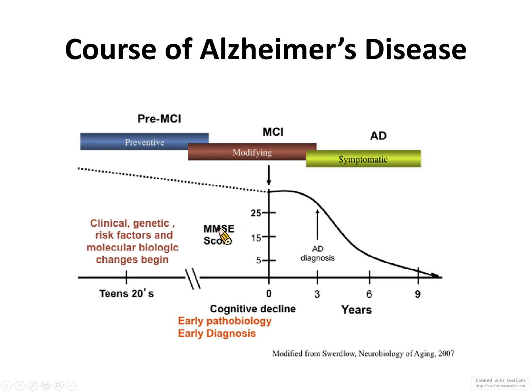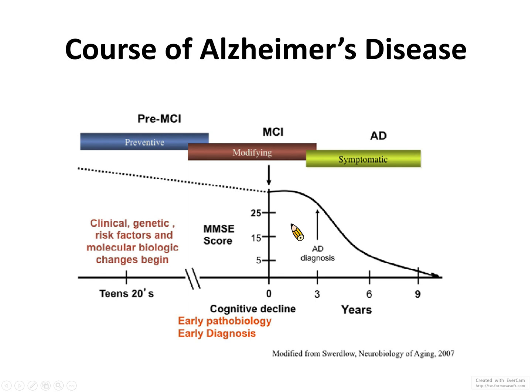Usually the score is defined between 0 and 30, and in healthy persons we should have a score above like 26, 27, and probably in a young age the score should be like 29, 30. So in healthy conditions, the score will be very close to 30, the full score, and we call this a ceiling effect. However, when the score is down, it will be very sensitive to the change in diagnosis of dementia.